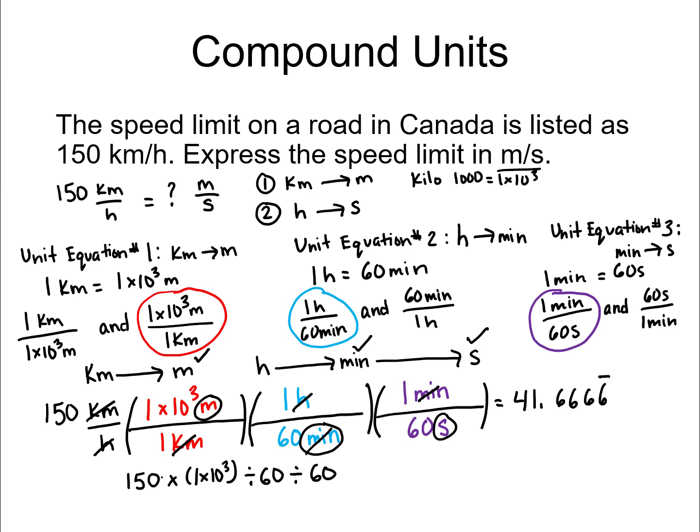So we get 41.6 repeating, right? 150 km/h, that's 2 sig figs. So that's right, we need to round to 42, and the units are meters per second.